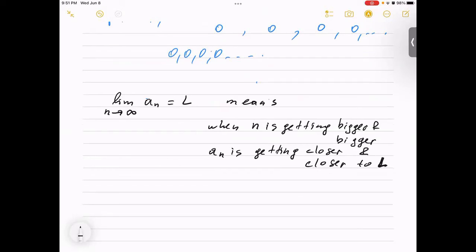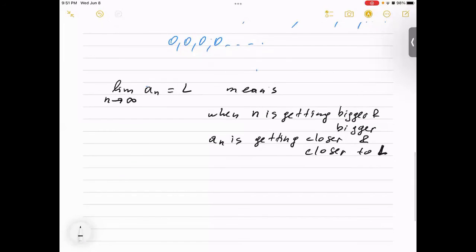There is also a strict epsilon definition if you like, look it up. But for our purposes, that's good enough.